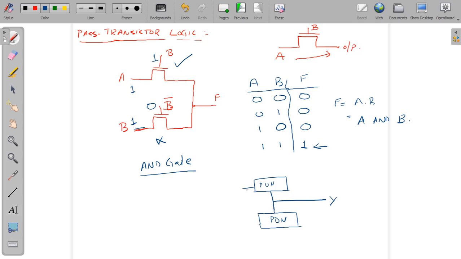Inputs were fed here at the common gate. This was VDD and this was ground, right.